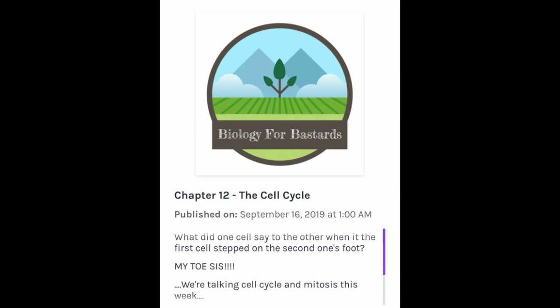Okay? Now, externally, there's three main things that control whether or not you're going to go through the cell cycle. You have growth factors, which are just proteins released by other cells that say you need to go through fucking cell division and grow. So that's pretty straightforward. Then you have density-dependent inhibition, which is exactly what it sounds like.